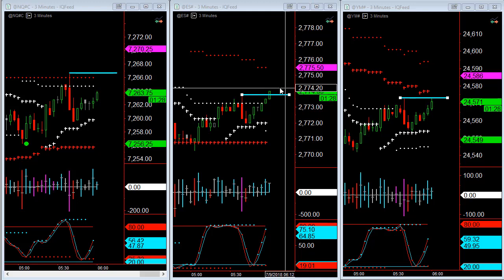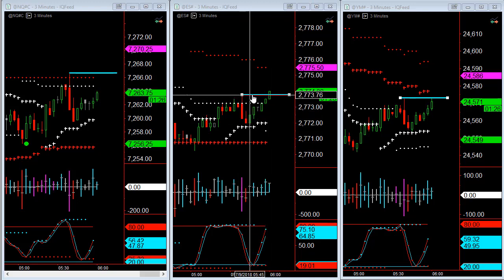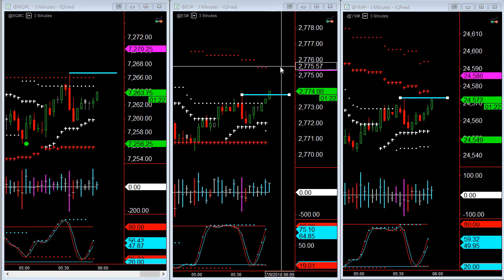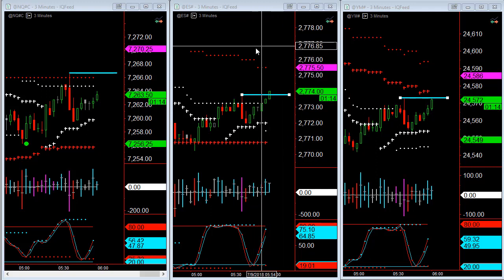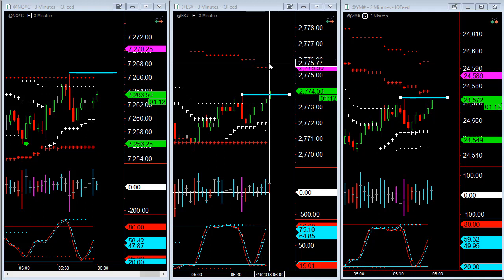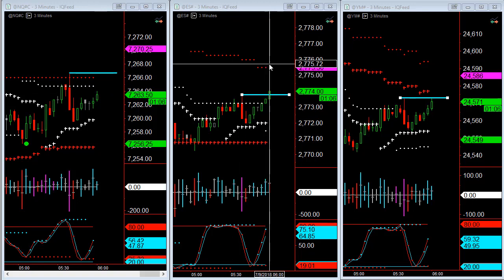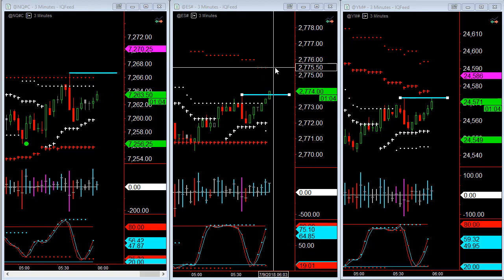Now, as you can see, the ES is moving just as we anticipated. I do think it may get to the 2775.5 area. If it did, you would be wise to take profits, because a lot of times it will bounce down from this area, because this is the first touch on the ES.